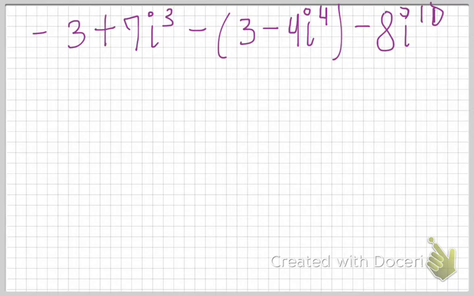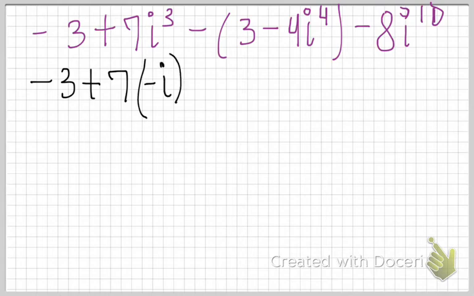Now i to the third, so I rewrite what's not going to change. Negative 3 plus 7 times, this becomes negative i. You want to think about the complex plane. If you start at i to the 0, here we have i squared, and i to the third, which is negative i.